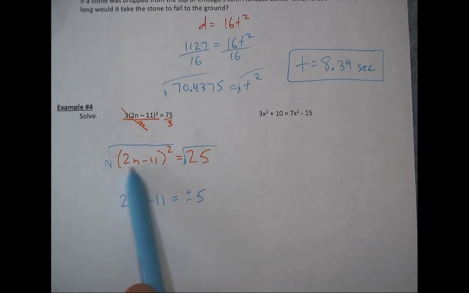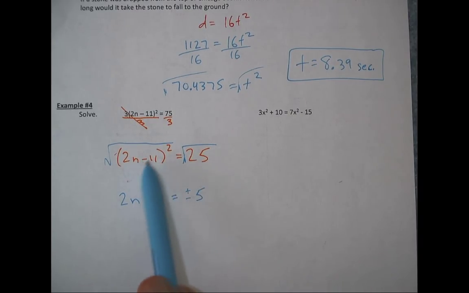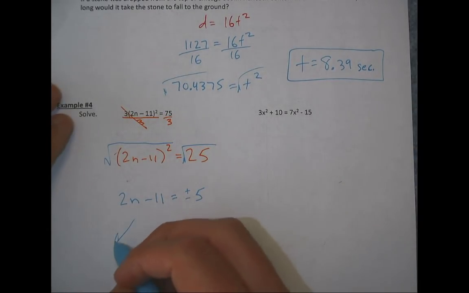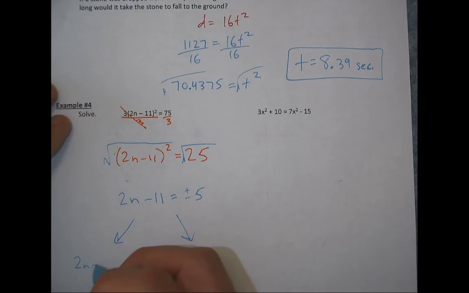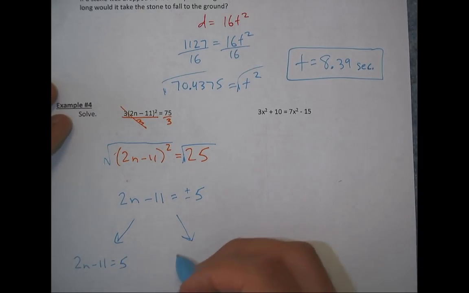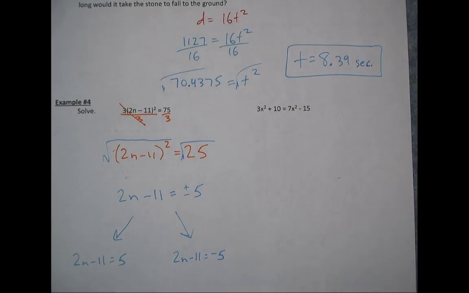I could do the math here with the correct n, square it, and get 25 because this was a negative or a positive 5. So what I have to do is solve two separate problems here. First I'm going to do 2n minus 11 equals positive 5, and then I'm going to do 2n minus 11 equals negative 5. You have to solve it twice. There's two answers here.